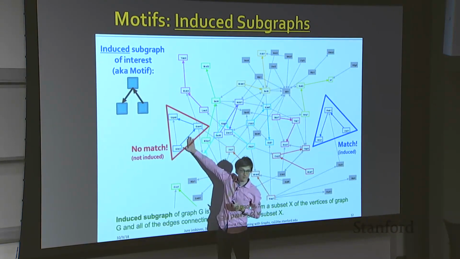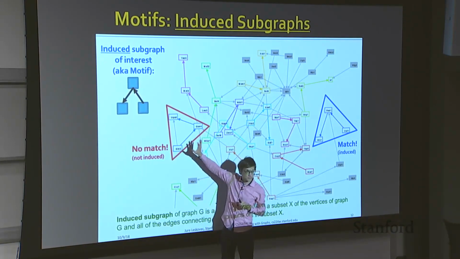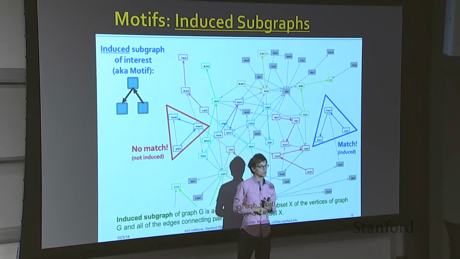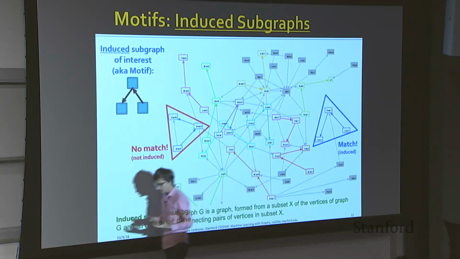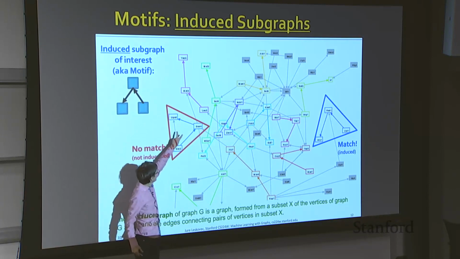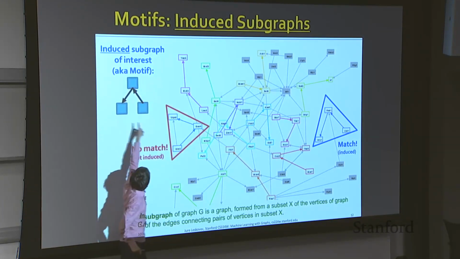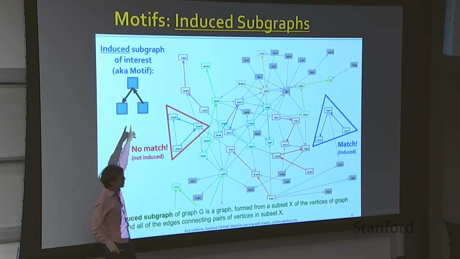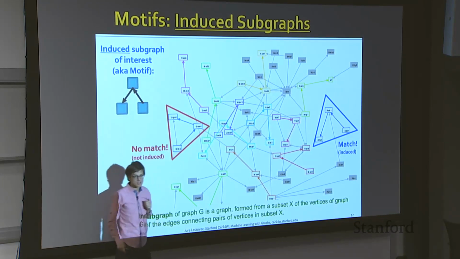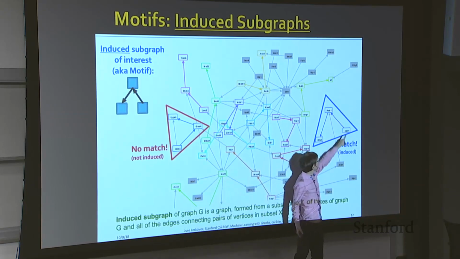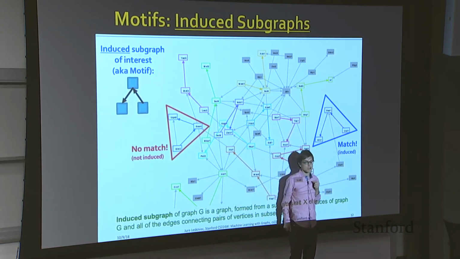The reason this set of 3 nodes does not match that motif is because this is not an induced subgraph. By induced, it means I have to take all the edges between the 3 nodes. And you notice that here is one edge that is missing in my pattern, so this is not an instance of my pattern. While here, I take all the edges between the 3 nodes, and they match exactly the structure I'm interested in.